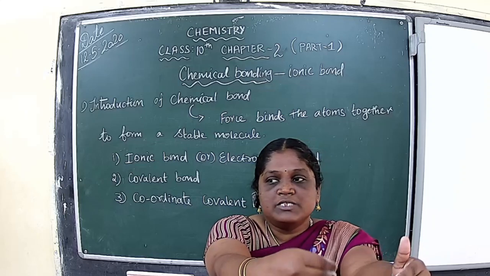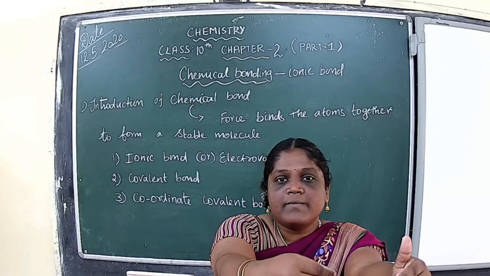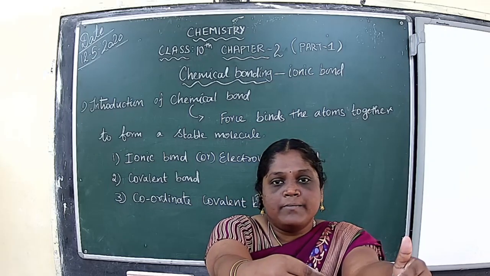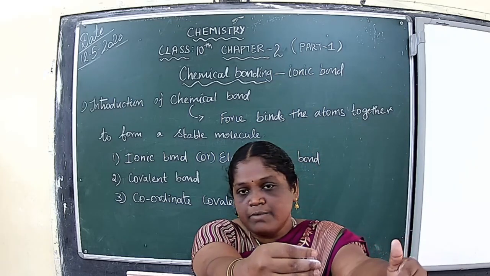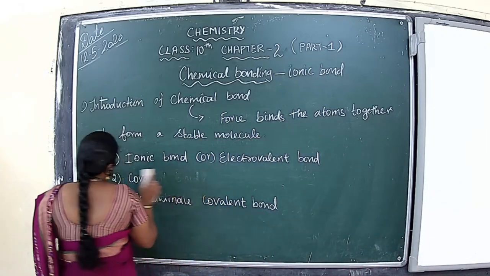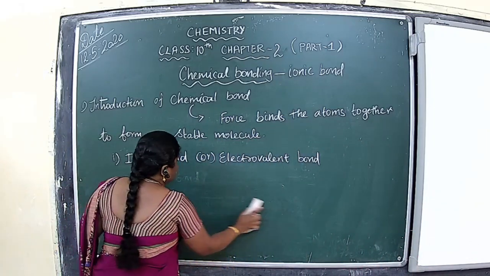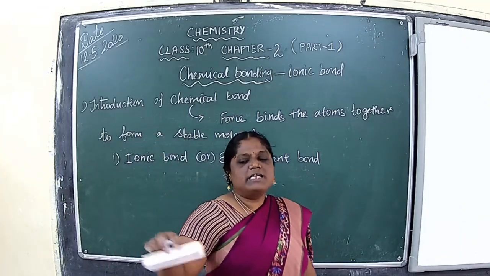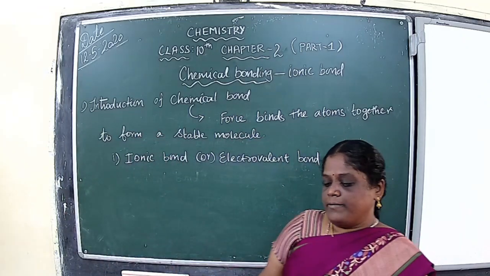In this video I am going to cover the ionic bond, what is an ionic bond and its examples. The first one is the ionic bond. What is meant by ionic bond?